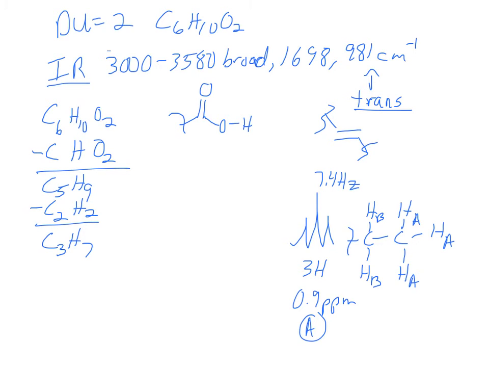I do have a sextet, 6 peaks. How many nearest neighbors would it have? 5. Well, HB is a sextet, so 3 nearest neighbors are A, and then on the other side, there must be HC, another 2 protons. That makes sense?